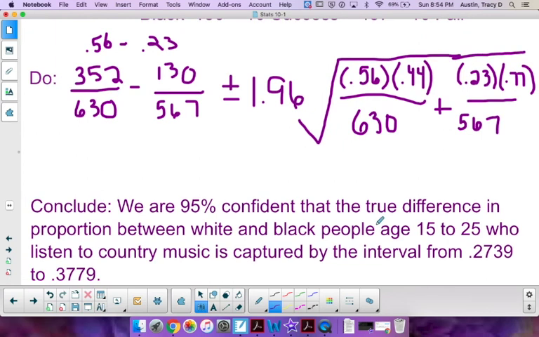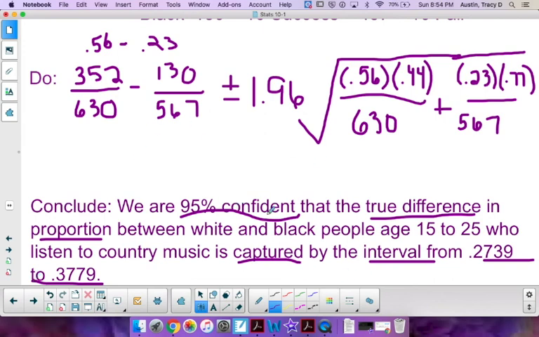Okay, so the conclusion. And again, there are several different ways to write this. You know the keywords by now. You need to say that you're 95% confident. You need to say that it's the true difference in proportion. You need to say captured or contained by the interval. You have to put those in the conclusion. So there's lots of different ways that you can phrase this, but those things have to be included.